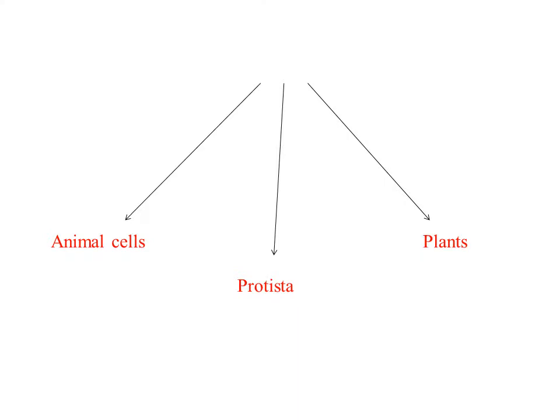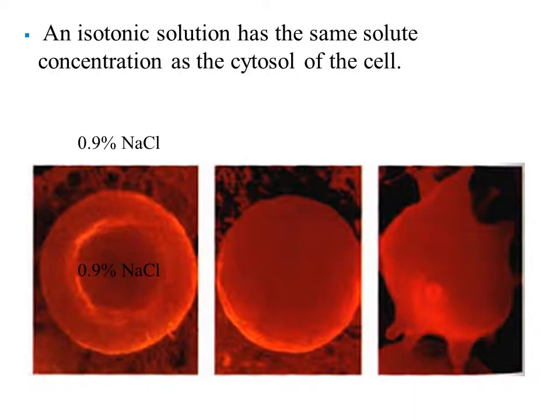To discuss tonicity, we're going to use three cell types: an animal cell, a protista, and plants. The first one we'll look at is an animal cell. This is a red blood cell, also called an erythrocyte.